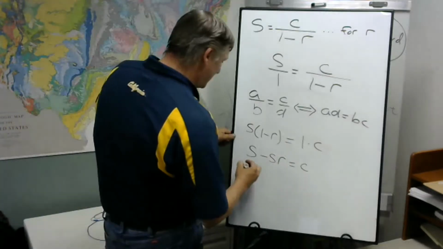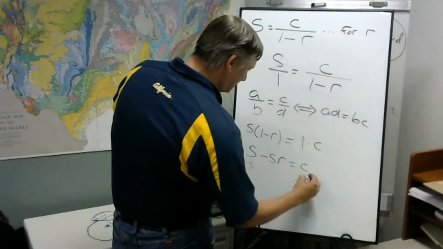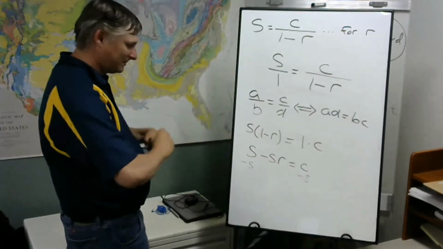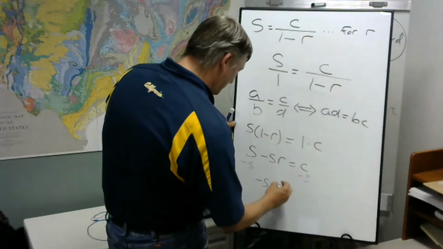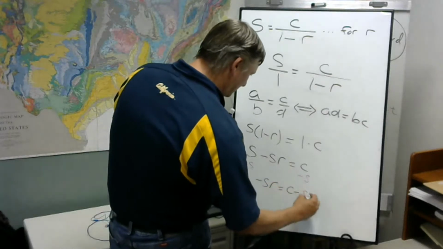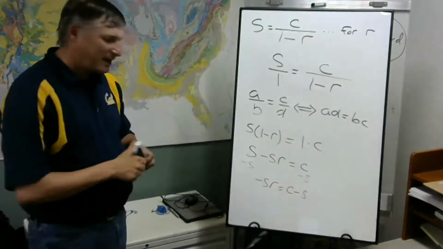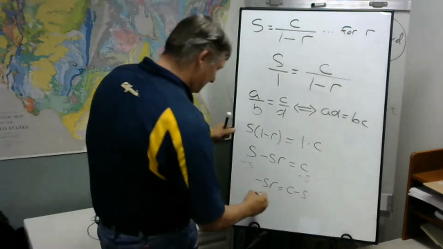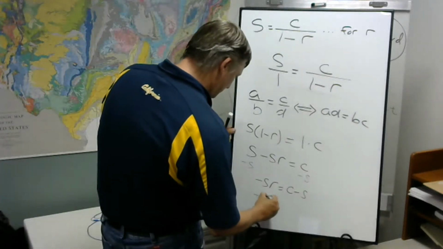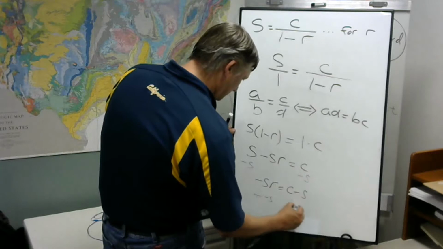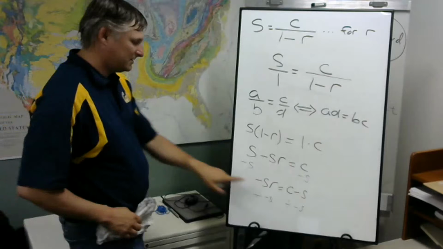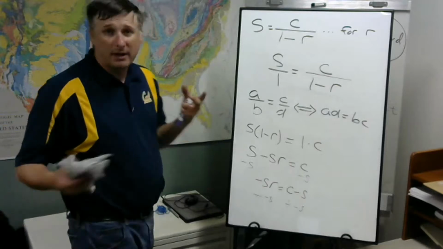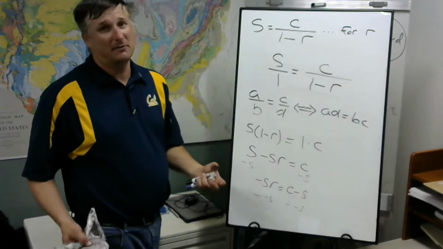So let's subtract S from both sides. Minus S times R equals C minus S. Finally, divide by negative S, because negative S times R, well, the opposite of that is dividing by negative S.